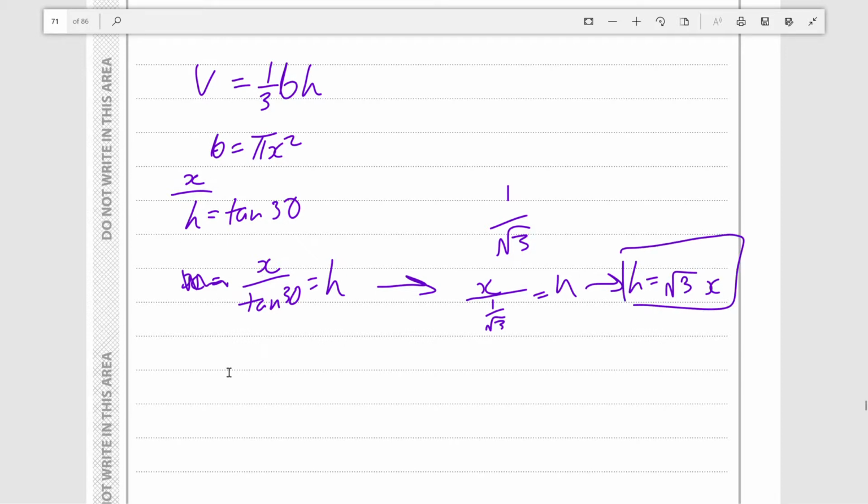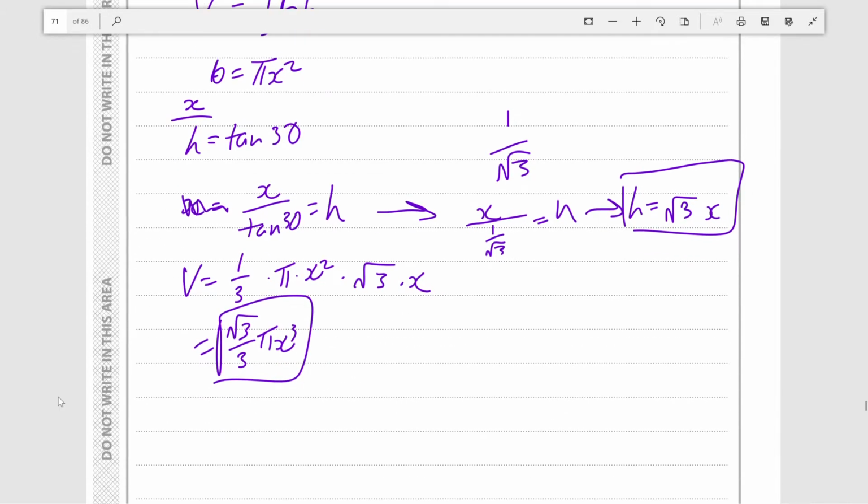So therefore, the volume V is 1/3 times pi times x squared times √3 times x, or this all boils down to √3/3 pi x cubed.